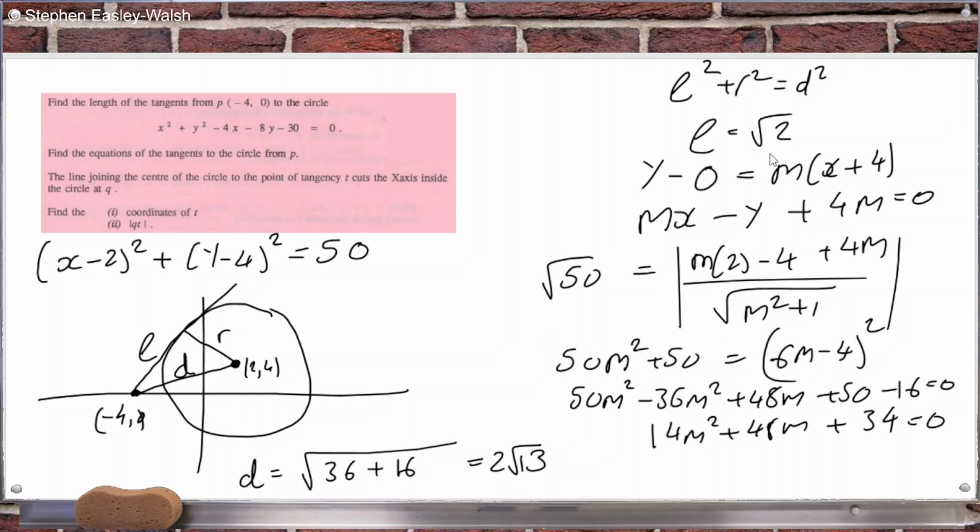y minus y1 equals m times (x minus x1). mx minus y plus 4m. 2m minus 4 plus 4m. So that's 6m minus 4. The m's are negative. So, I mean, I guess they could be negative.